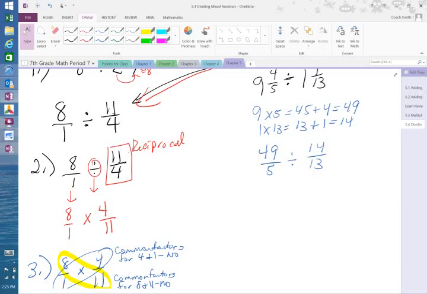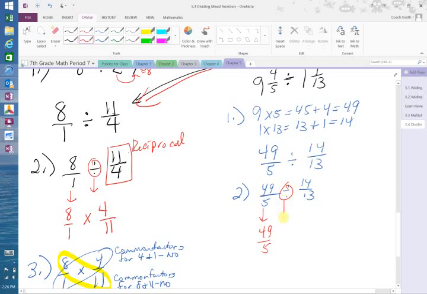So that was step 1. Step 2. Step 2, first number stays the same. Change the division to multiplication. Do the reciprocal of 14 over 13, which is 13 over 14.